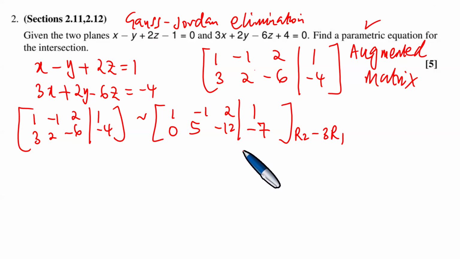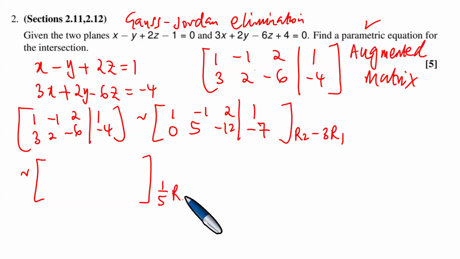One way to do this right now is to get a 1 here. I want us to use the methods very well. So we can multiply row 2 by 1/5, which gives 0, 1, minus 12/5, minus 7/5.